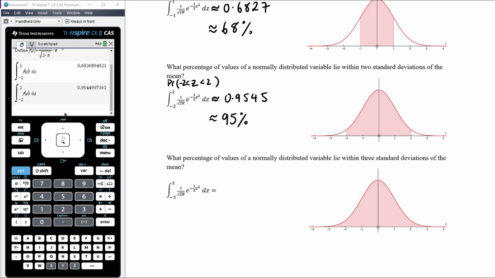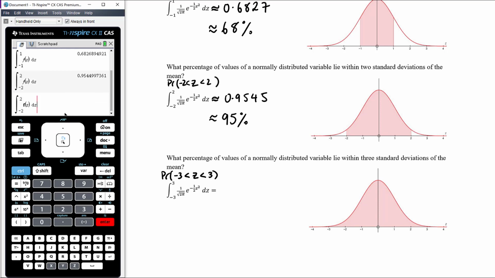And then let's think about within 3 standard deviations of the mean: the probability that Z is between -3 and 3. Again, it could be less than or equal to; it's no different for a continuous random variable. So working out this integral, adjusting this calculation in my CAS, integrating the standard normal PDF from -3 to 3, we find that it's approximately 0.9973.